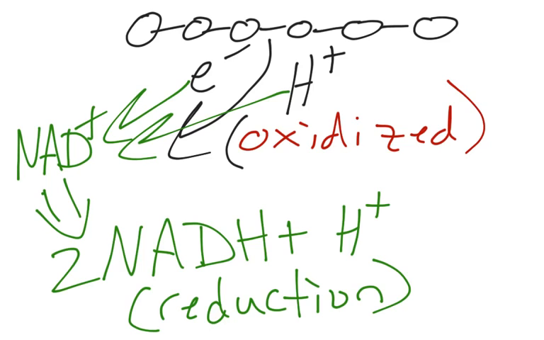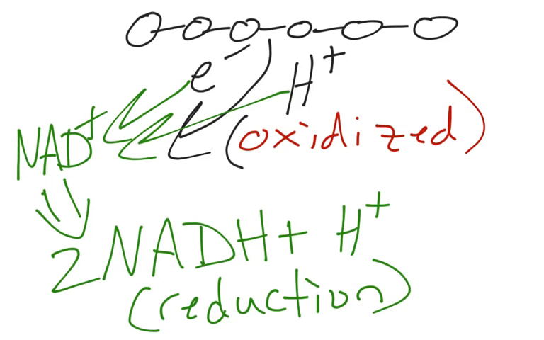They gain them together, they come at the same time, but they only really talk about the electrons. The hydrogens follow their electrons. So the molecule is oxidized, and the NADH plus H plus is reduced. Really, NAD plus is reduced. The gaining of the electrons is the reduction.